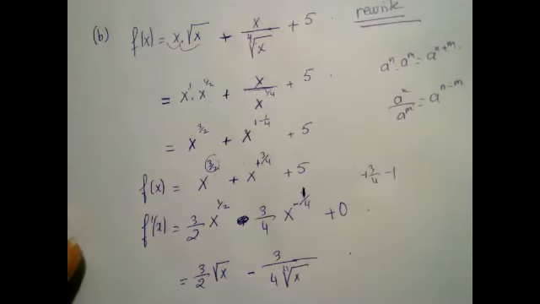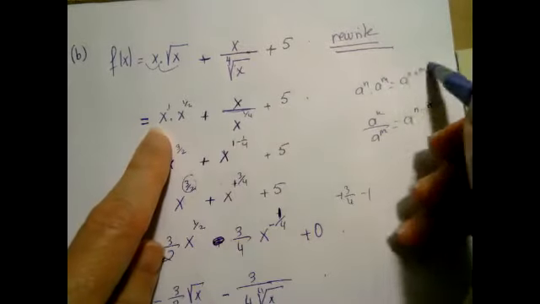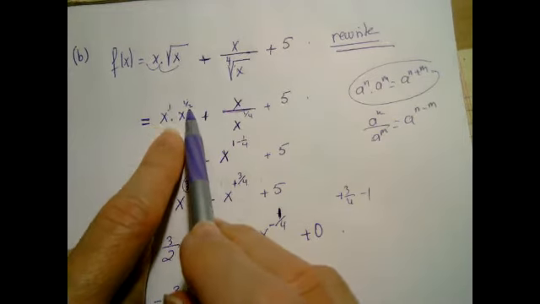Any questions about this problem? How did you get x to the 3 over 2 when you multiply x to the first times x to the half? Yeah. This is here, x to the power 1 times x to the half.